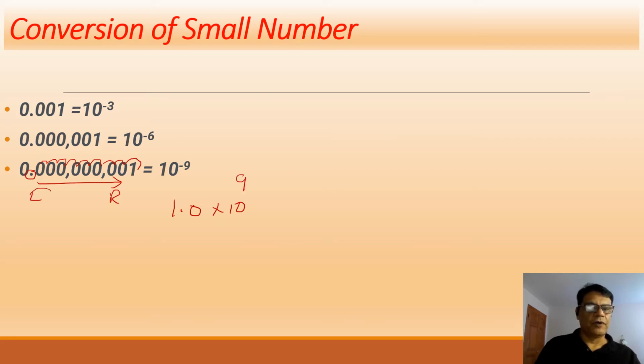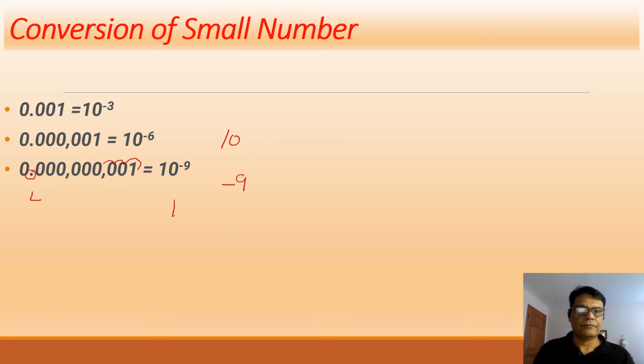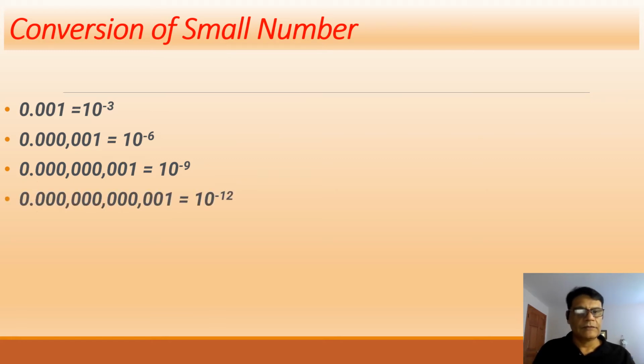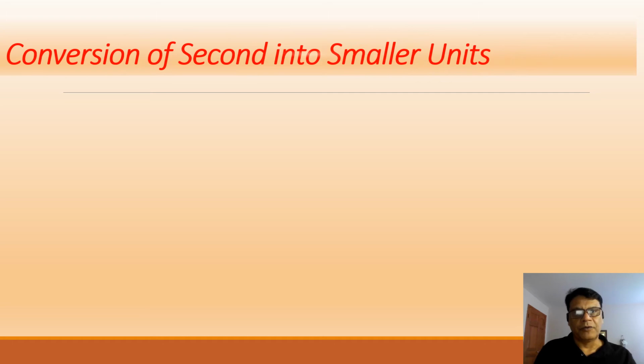Since you moved your decimal from left to right because your value is less than 10, the value will take a minus sign. And similarly, whatever value you get, you can convert by this formula.